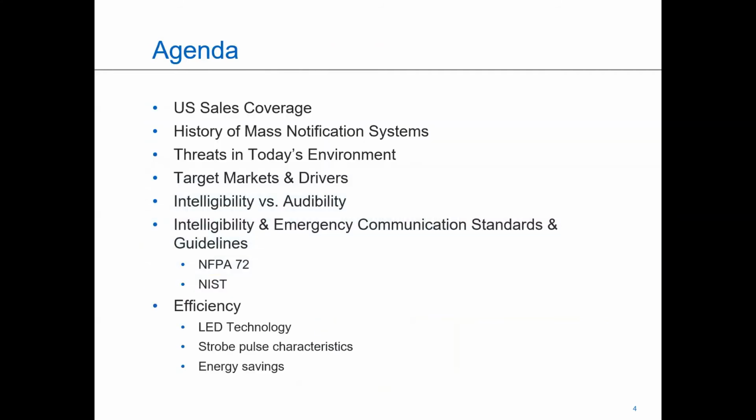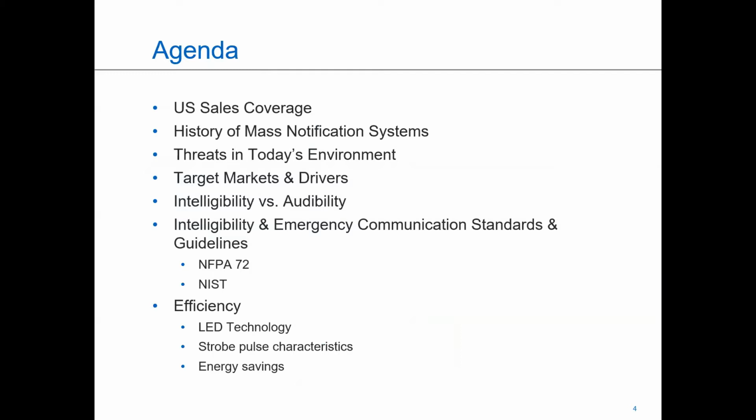Let's talk about the agenda, what we're going to do here today. I'm going to throw up a slide for our U.S. sales coverage map, show some of the faces around the country, some of the people you may know already. We have a good presence across the country. Most of the team has been here for a while. Then we'll talk a little about the history of mass notification, its inception, where it came from, up to where we are now.